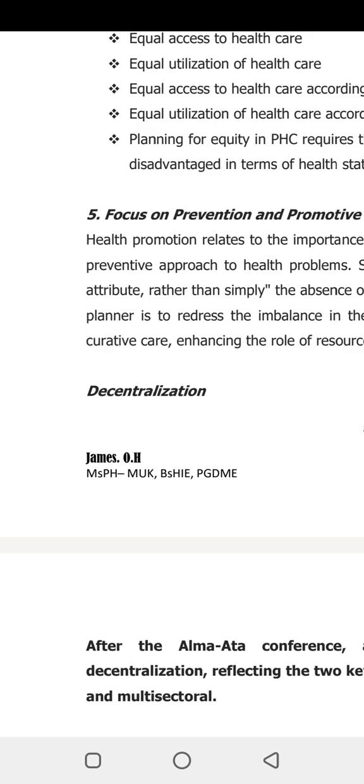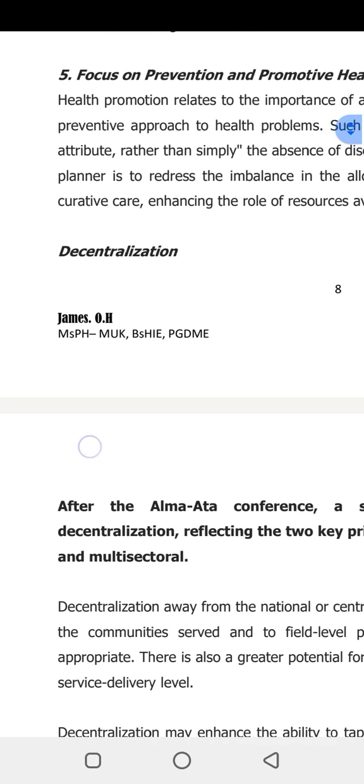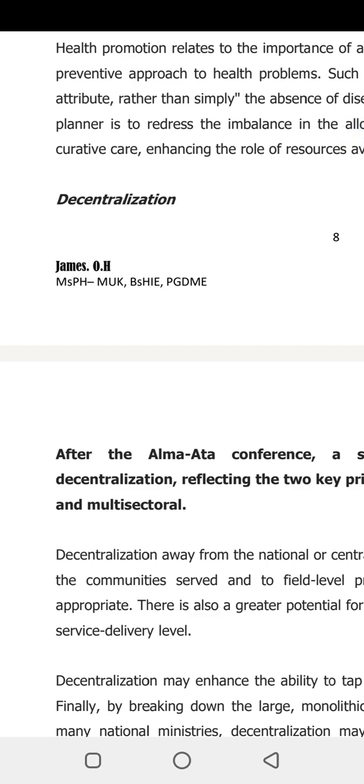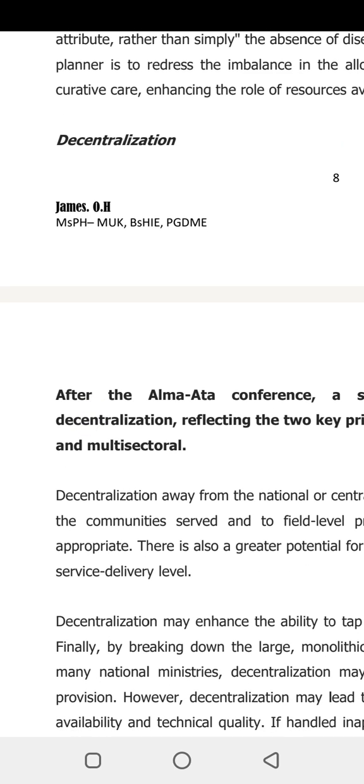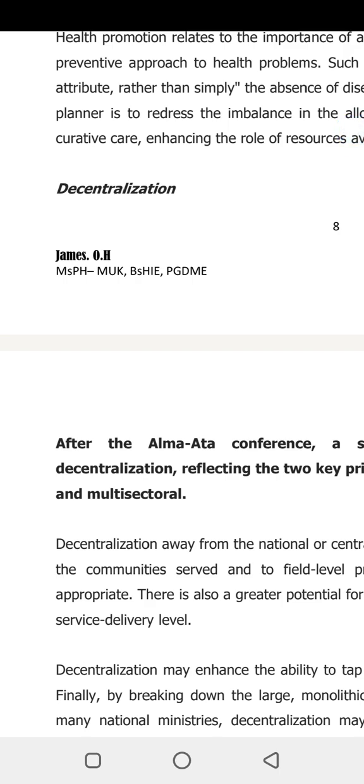In case there is a victim that requires such attention, they must attend to the person before the situation worsens. There we are focusing on prevention. There are so many activities that we can do under that prevention. You may take your free time and meditate upon it and list a number of them. We are having decentralization.